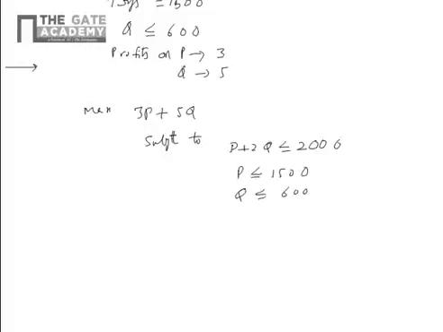The production time is such that in the time for 1 unit of P you can produce 2 units of Q, that's why.